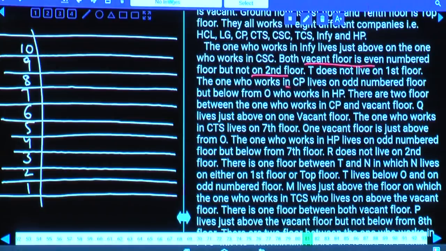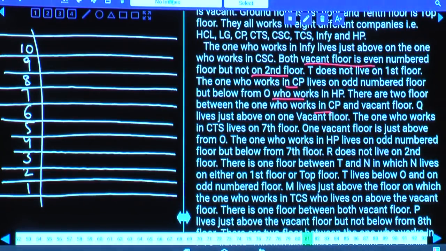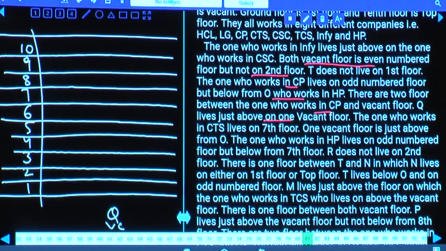The one who works in CP lives on an odd number floor, but below O who works in HP. There are 2 floors between the one who works in CP and the vacant floor, and Q lives just above the vacant floor. Now, Q is just above what? Above the vacant floor. Q lives just above one vacant floor.